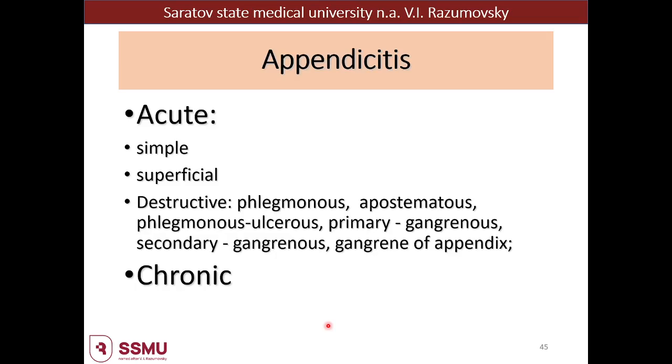And I hope it's clear to you what phlegmon, apostema, phlegmon ulcerating, and gangrene mean. I hope you remember all these definitions. Phlegmon is a special type of suppurative inflammation, gangrene is a special type of necrosis, and I hope you remember about all of them.